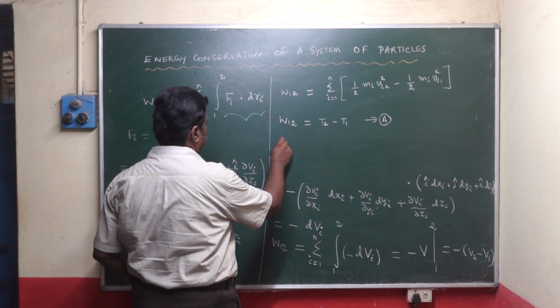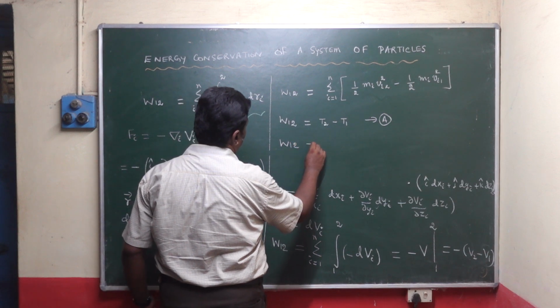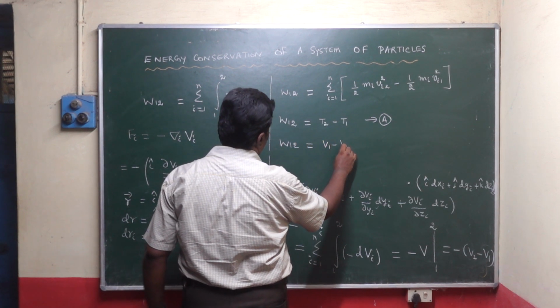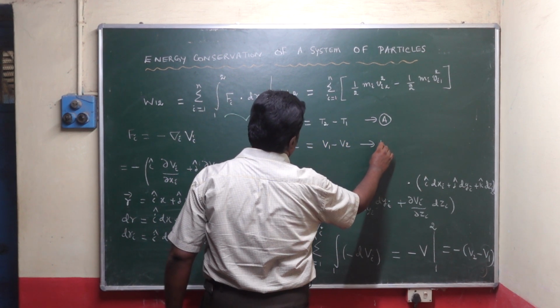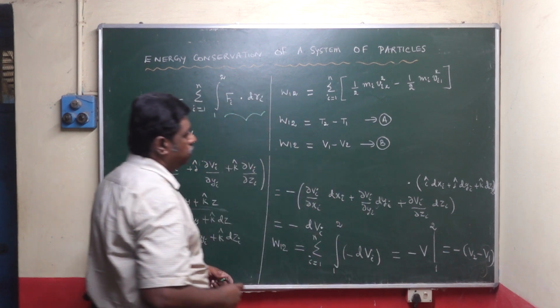So from this we can write W12 = V1 minus V2. Say this is equation B.